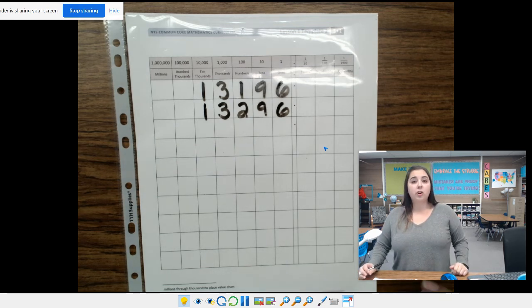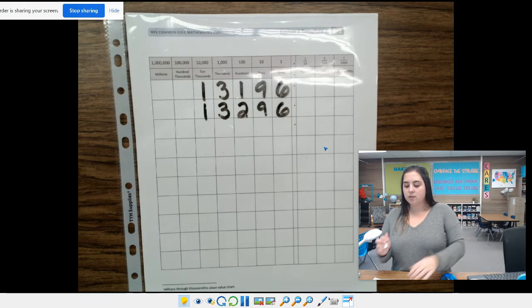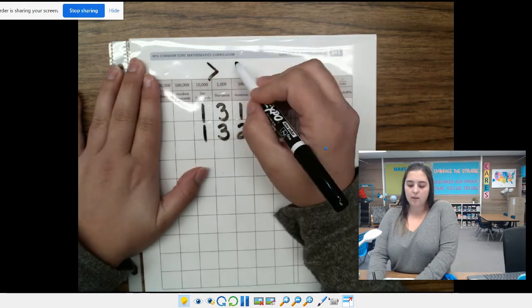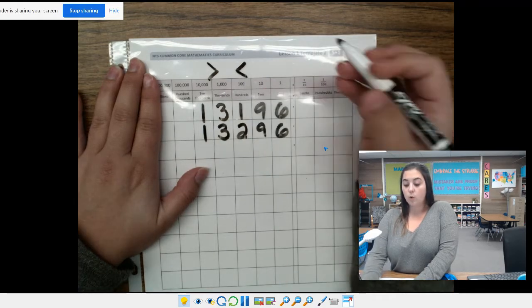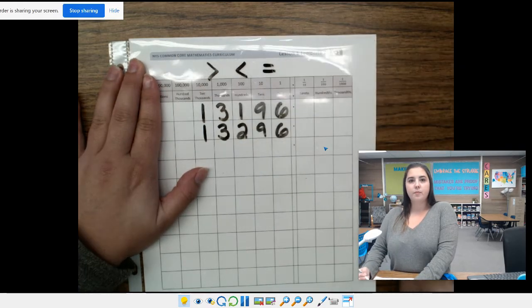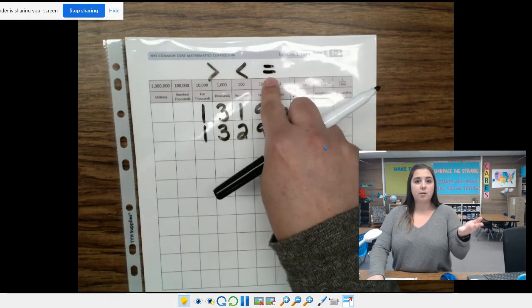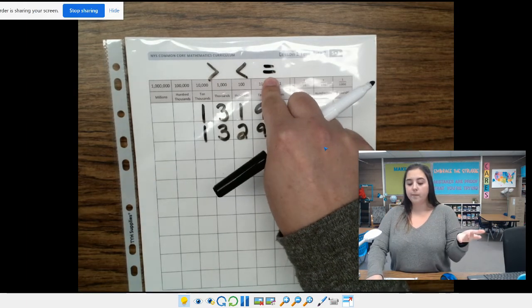So when we're comparing numbers, what we're trying to do is figure out which of the numbers is larger. When we do that, we use a few different symbols. We could use the greater than sign, the less than sign, or the equal to sign. The easiest way to remember these is equal obviously means that they're the same number.